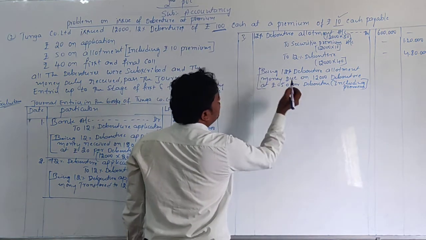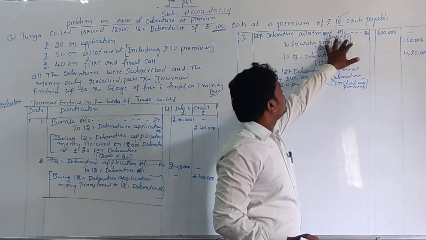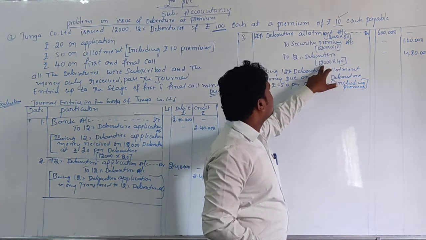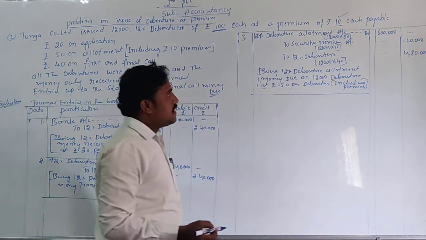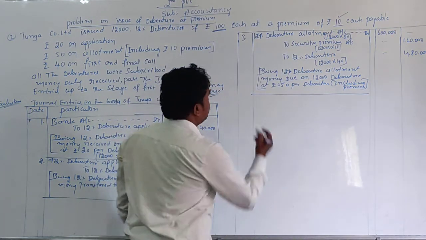So already we have calculated 12 into 50, 12 into 10, then 12 into 40. Then you have to receive including premium.